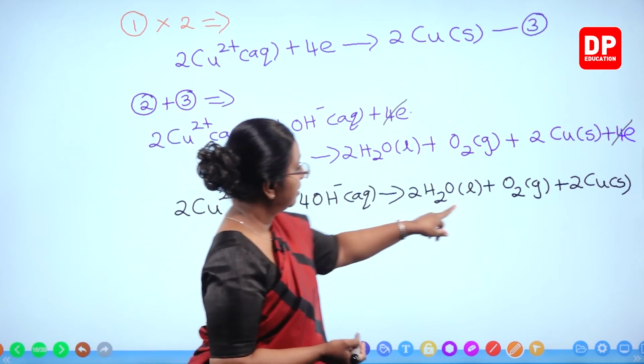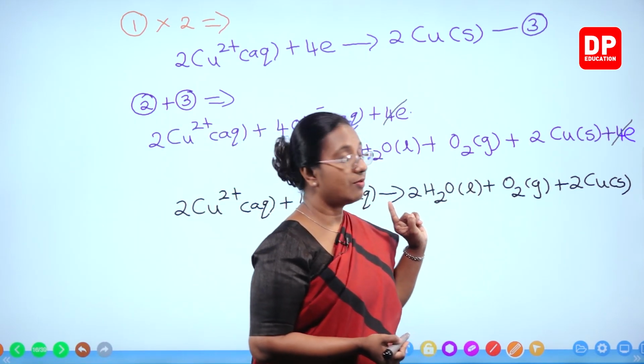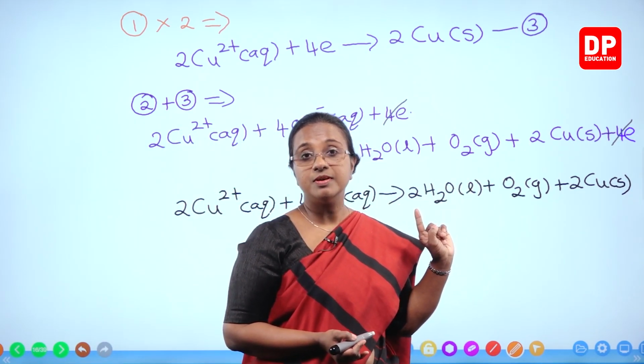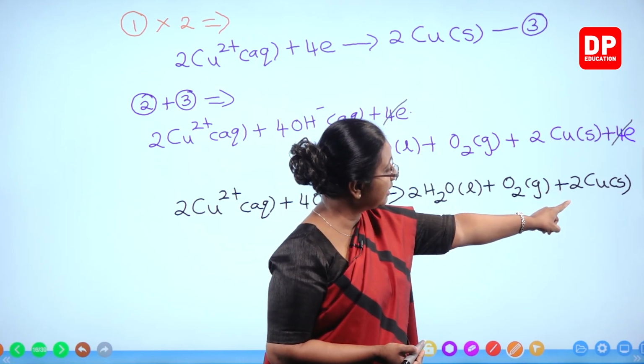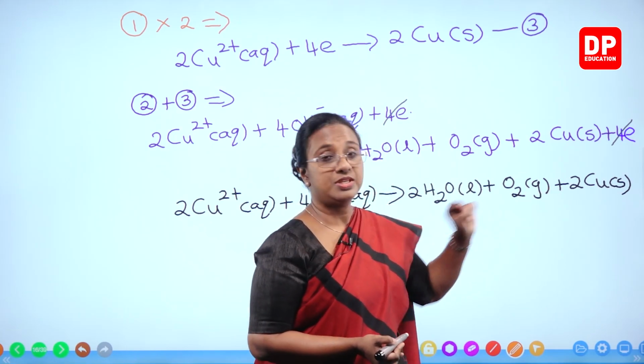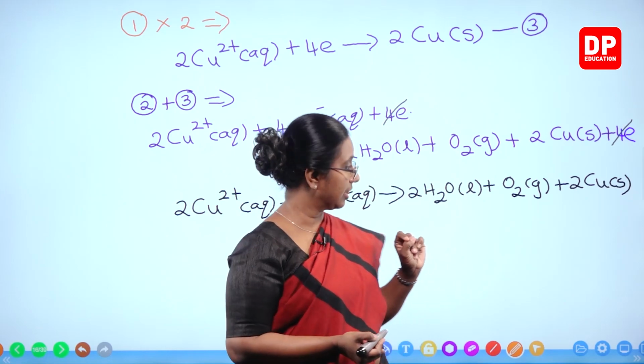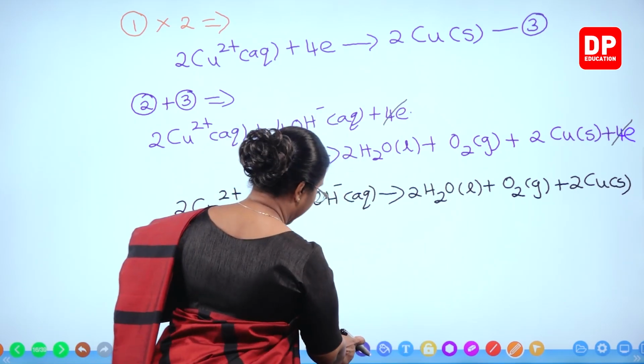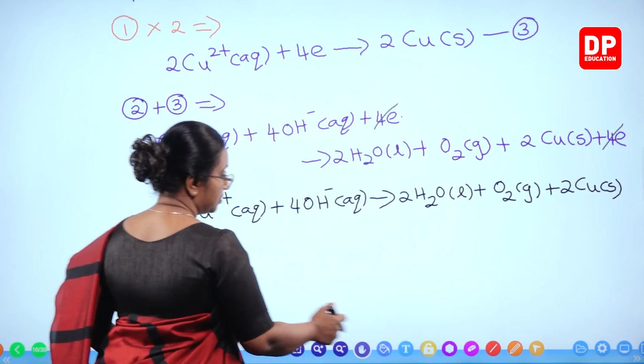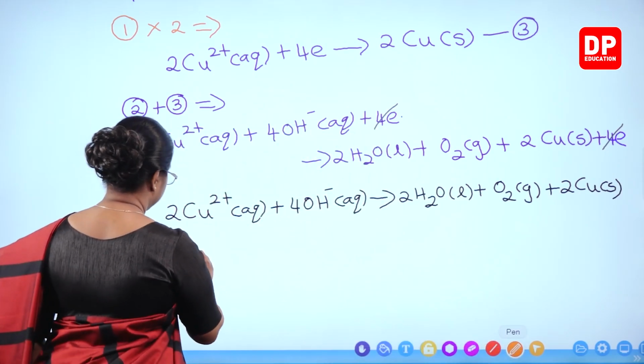So we get oxygen gas bubbles evolving at the positive anode, and there it is the copper depositing at the negative cathode. So you can remember that. So those are the observations.